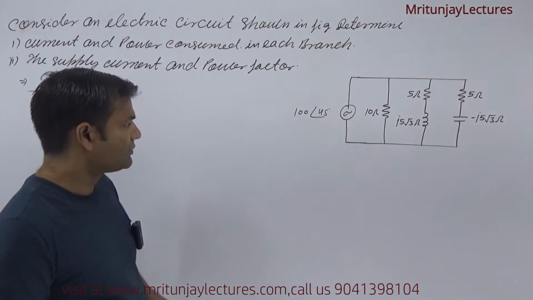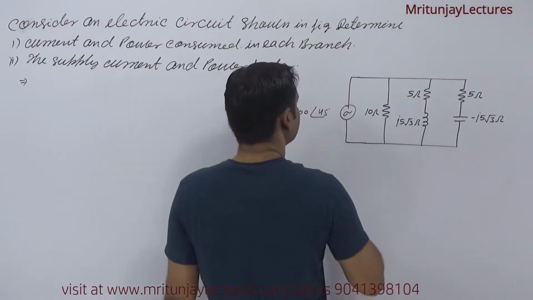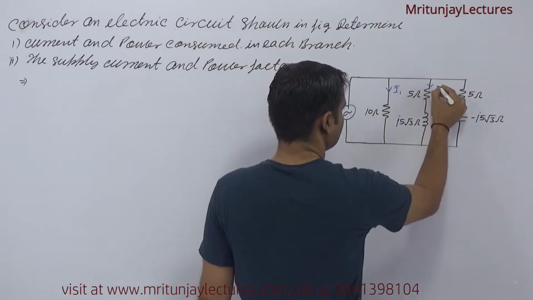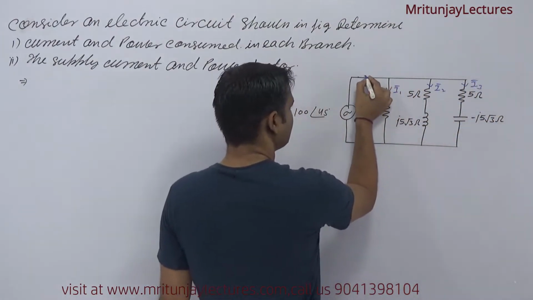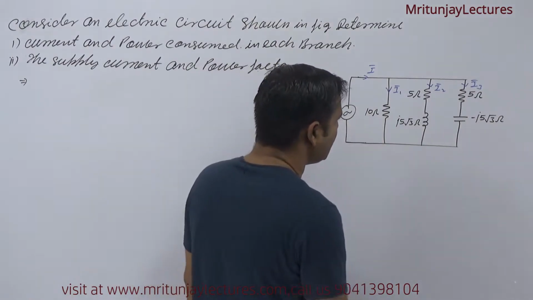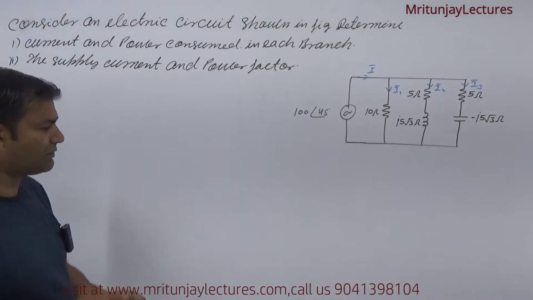So first of all, let us consider the current in each branch. This is I1, this is I2, and this is I3. And the supply current is IE. So first of all, determine I1, I2, and I3. Now what about I1?